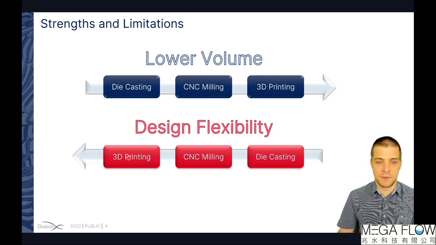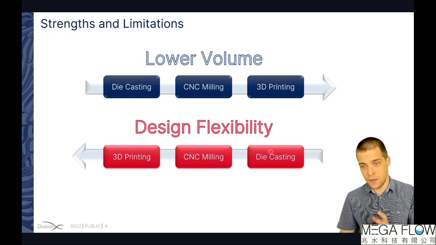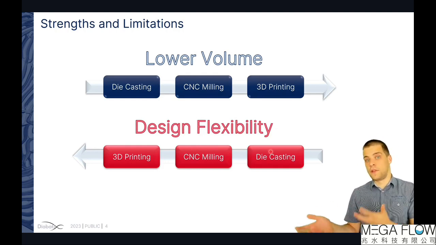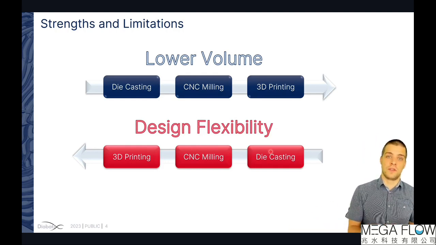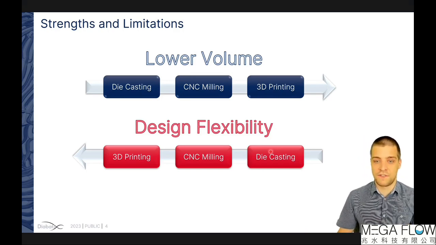So the design flexibility of 3D printing is much higher compared to CNC milling, especially if you only have single-axis CNC milling. While with die casting, you're stuck with the mold that you made. So if you want to make a small modification to your design, then you have to make a new mold. So the design flexibility of die casting is quite limited.